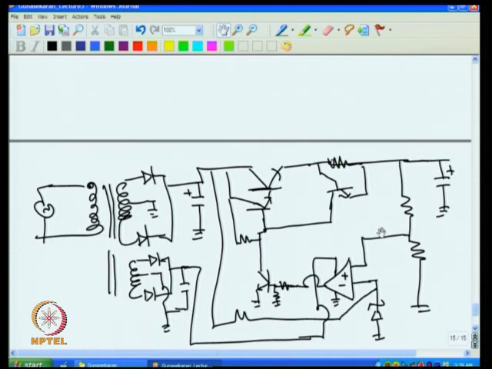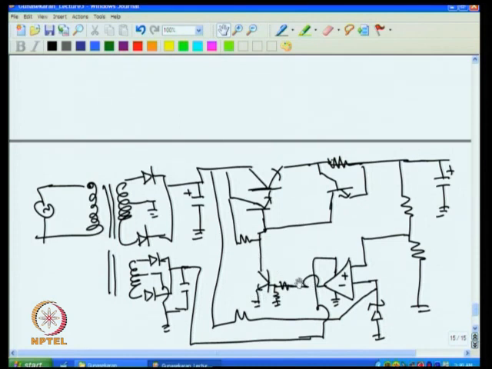The only thing is we have a new component: this resistance, this transistor, and this resistor come extra, so that you are able to regulate it and get high voltage. What is really happening is this is acting as another amplifier to amplify the voltage.